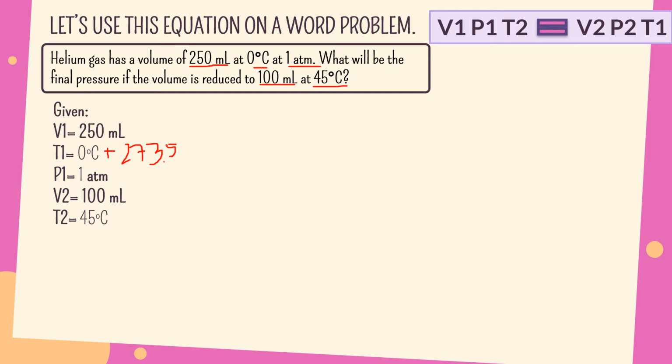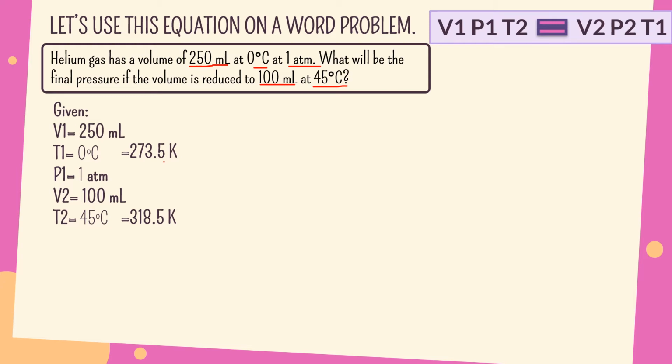So for our initial temperature, which is 0 degrees Celsius, if we add the 273.5 to make it a Kelvin scale, we will have 273.5 Kelvin. For the 45 degrees Celsius, just add 273.5 and we will have 318.5 Kelvin.